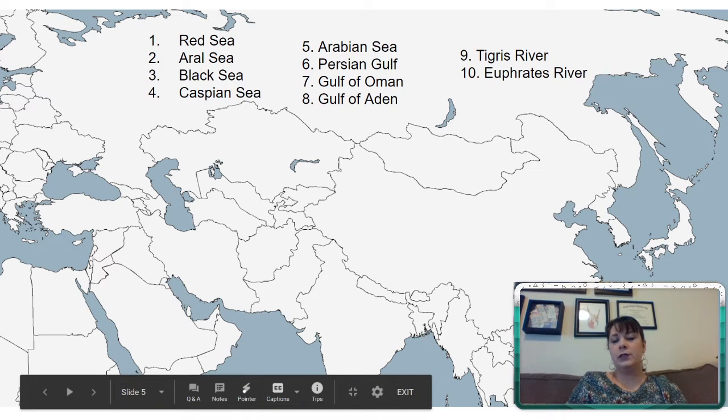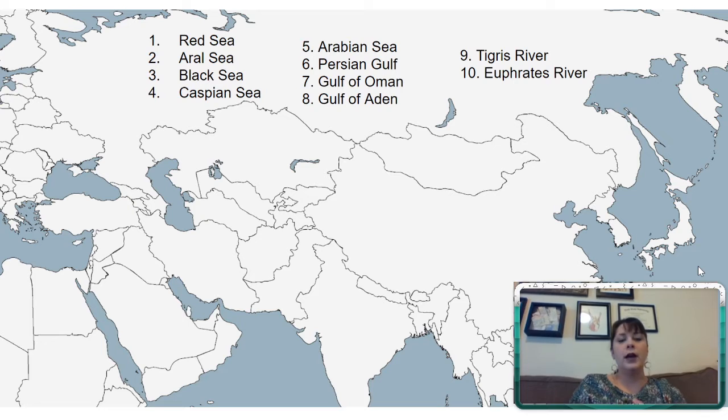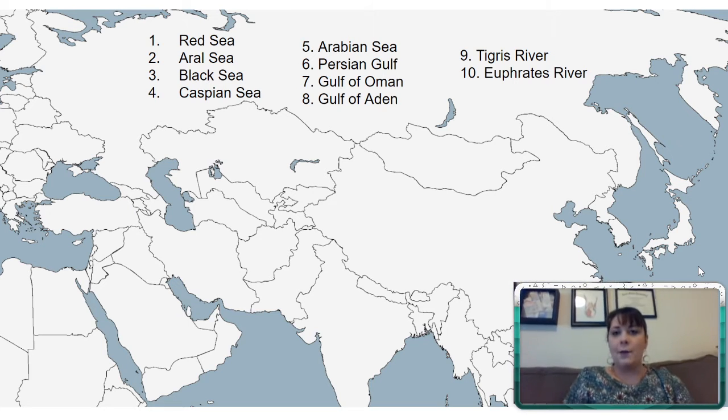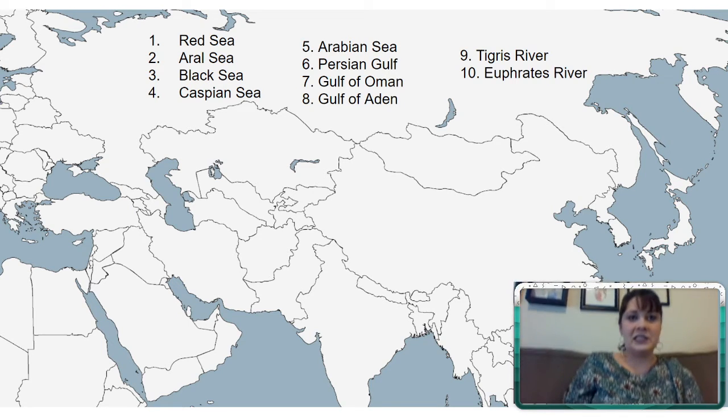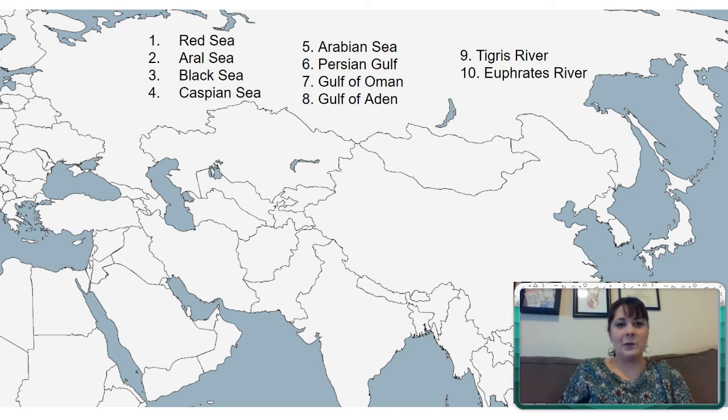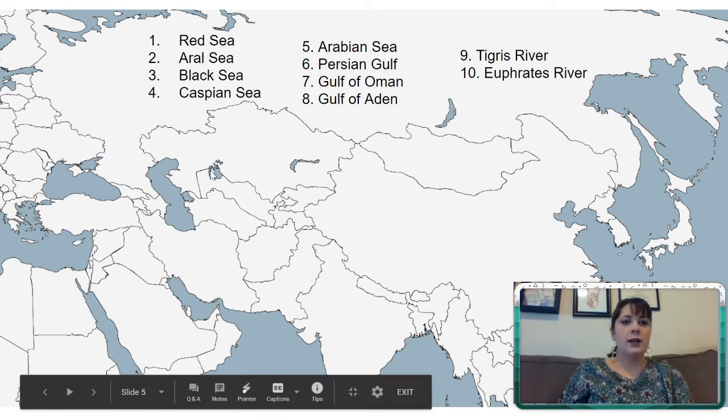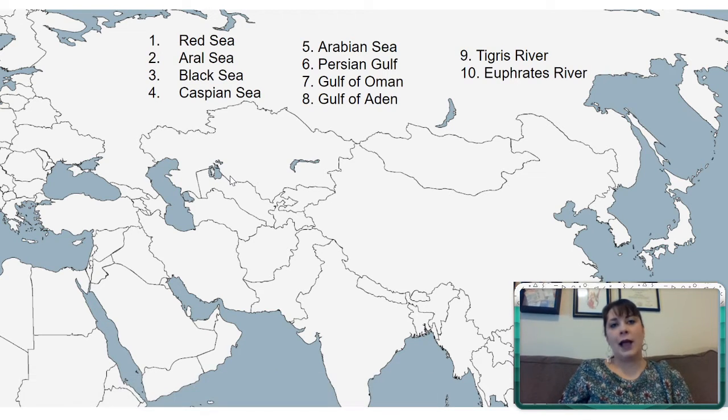Normally if you were in the physical classroom, I would have you come up and try to see what we could label, what we could figure out. We have the Aral Sea, Red Sea, Black Sea, Caspian Sea, Arabian Sea, Persian Gulf, Gulf of Oman, Gulf of Aden, Tigris River, and the Euphrates River.